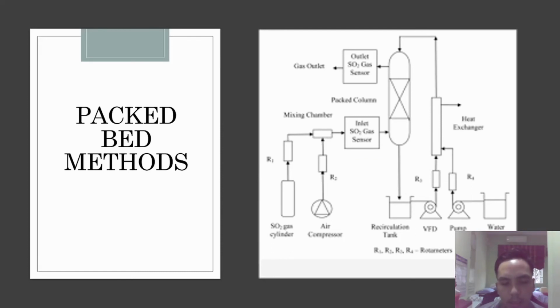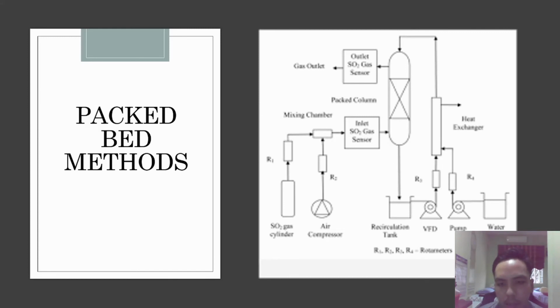Next, I am going to show how the packed column works. First, the liquid from the heat exchanger will enter the packed column and go through the packing material inside the column, and then the gas from the gas inlet will enter and rise upwards throughout the column, mixing with the liquid.